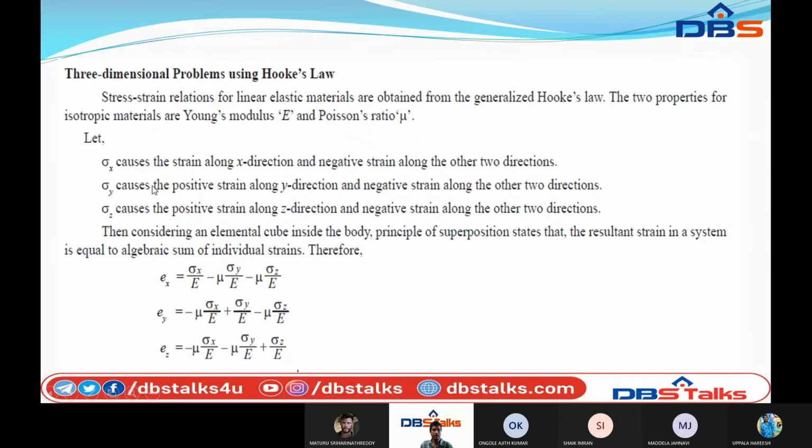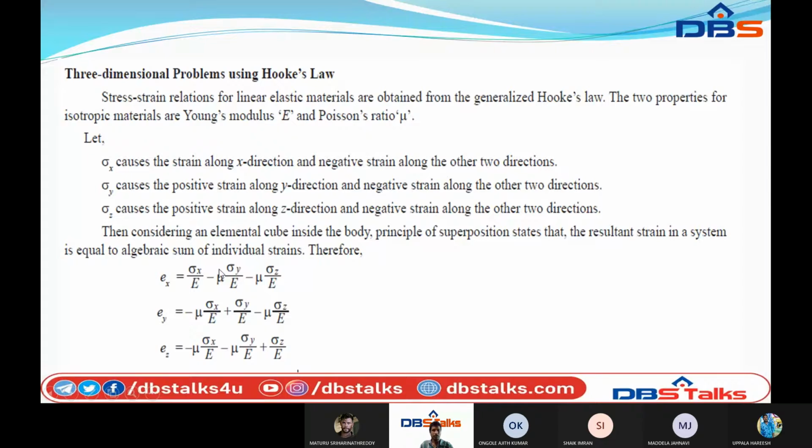In that statement, I am stating that Ex is the strain along the x direction, and negative strain along the other two directions.